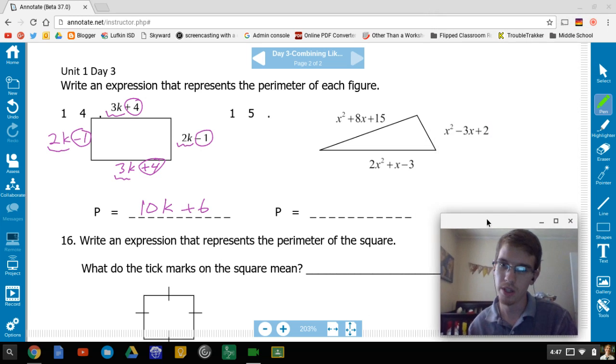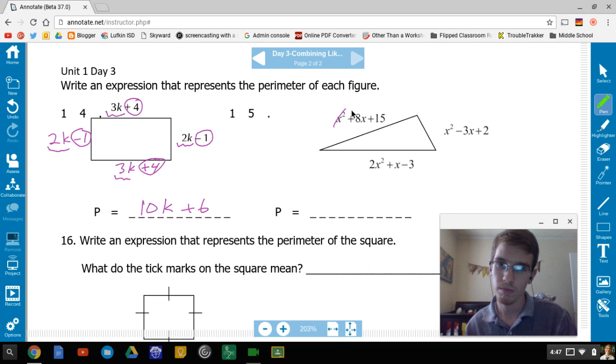Okay, we'll get the same thing for this next one. We have x squared plus 8x plus 15, x squared minus 3x plus 2, etc. Okay, so let's go ahead and find these. We have all the sides already, so we don't have to write anything in. Look over here. So x squared plus x squared, that's 2x squared, plus 2, that's 4x squared.